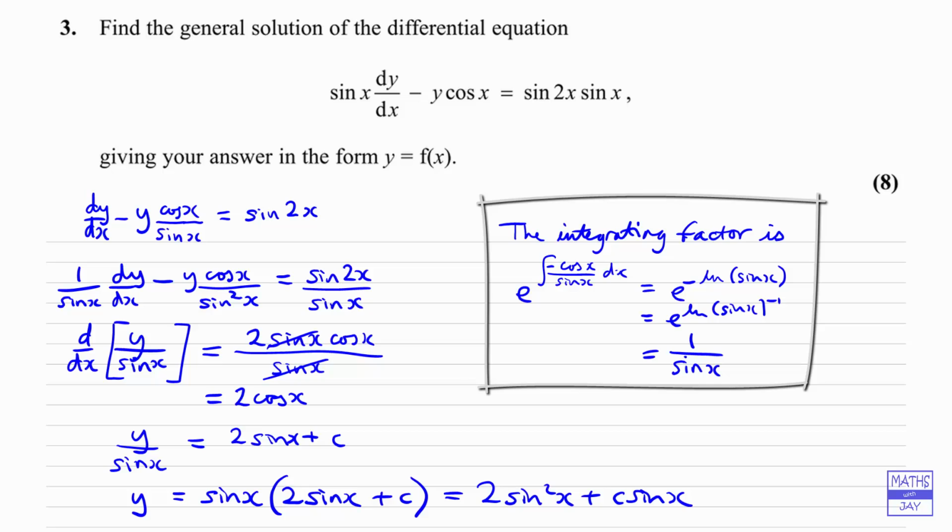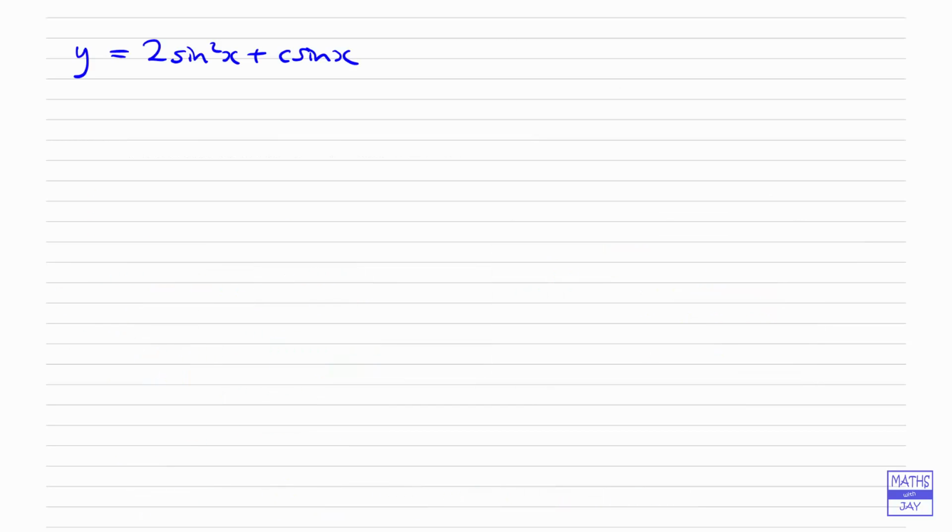And then you may like to check your answer. So let's start by differentiating what we think y is. So dy by dx is going to be 2 times 2, so that's 4 sine x cos x. And then differentiating sine x will be cos x, so c times cos x.